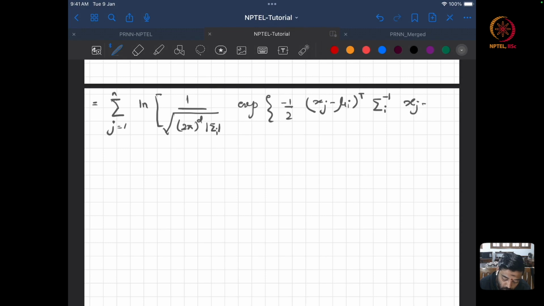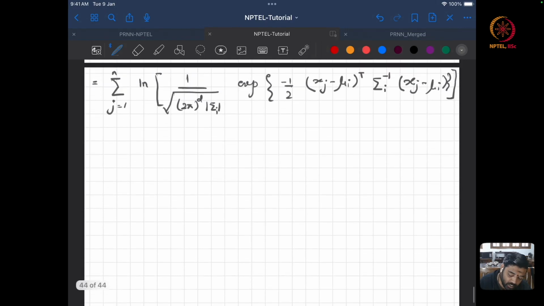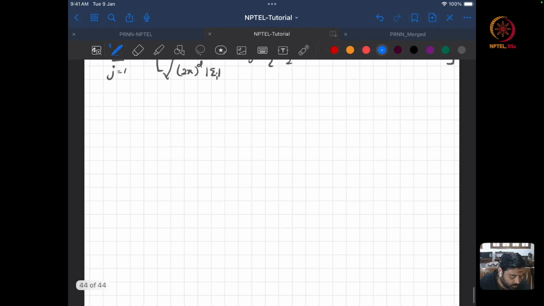And then it holds comfortably. Just keeping that in mind, I'm writing mu I, sigma I, which is there for a specific class, whichever class you are considering. Okay, so now if it is too much notation, let's remove that. Keeping that in mind, we will just go ahead with that.